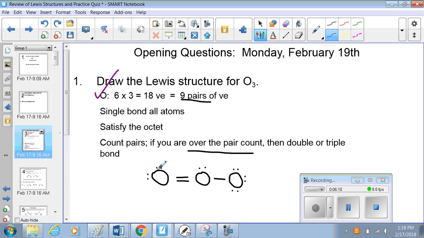This atom on the left has 8 valence electrons, so it's fine. The central atom has 8, so it's fine. The oxygen on the right has 8, so it's also fine. So not only have I met my pair count, but I've also satisfied the octet. And those are the two things you must do in any Lewis structure that you draw.